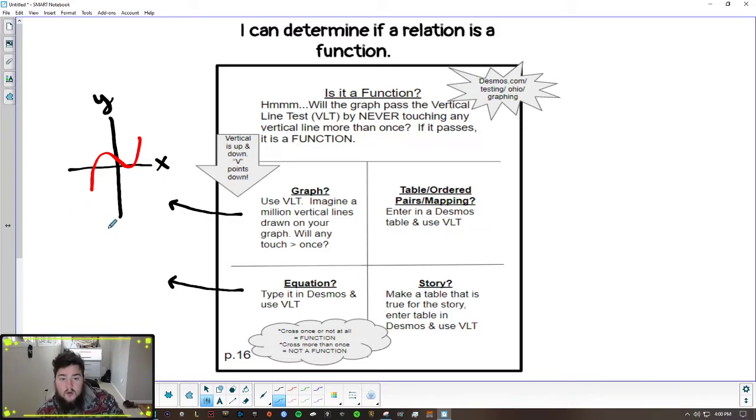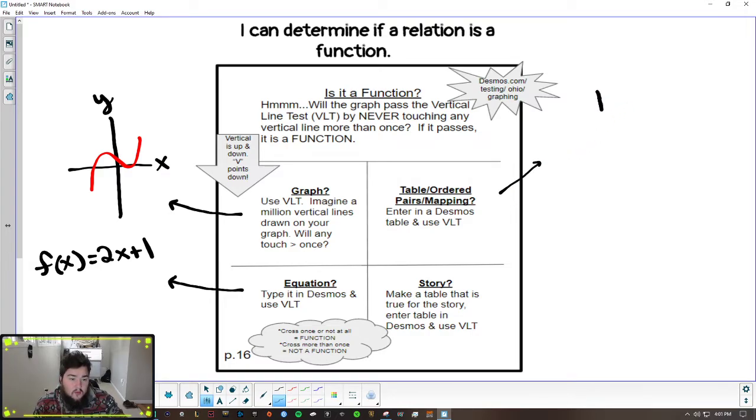So a function or relation can be represented as an equation, like f of x equals 2x plus 1. We may also see a problem that's either a table, ordered pairs, or a mapping.